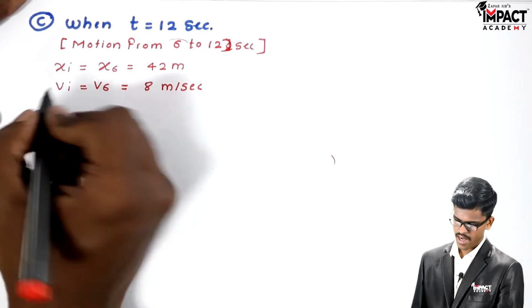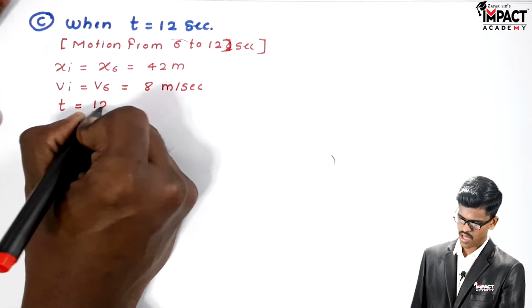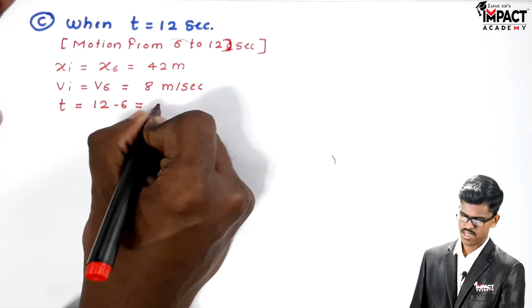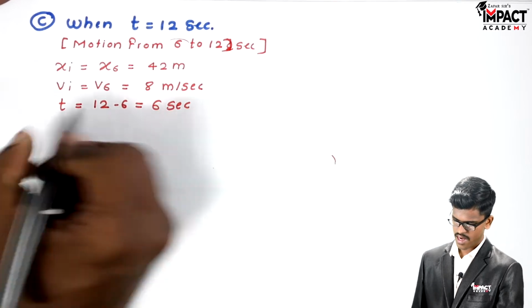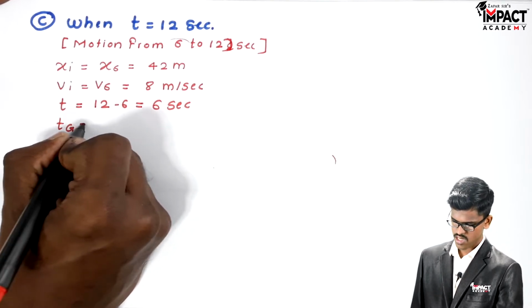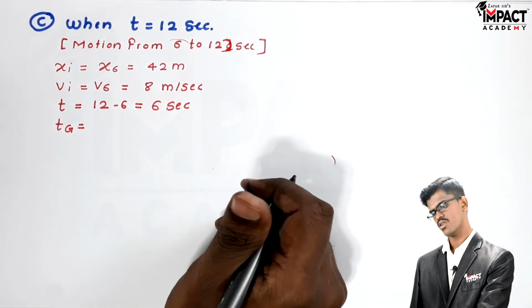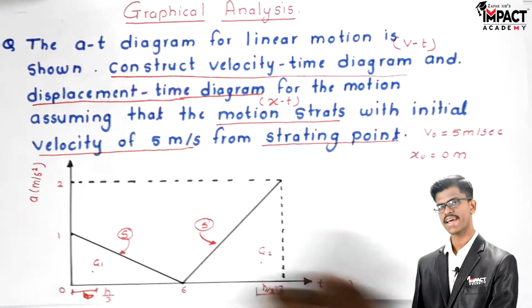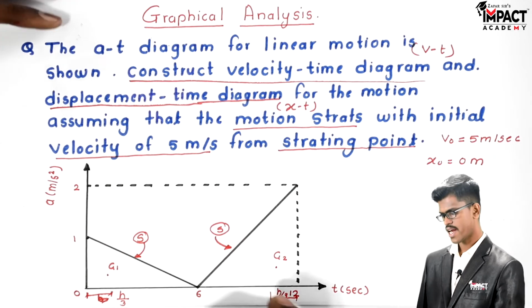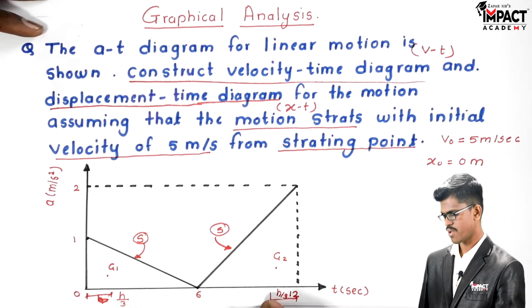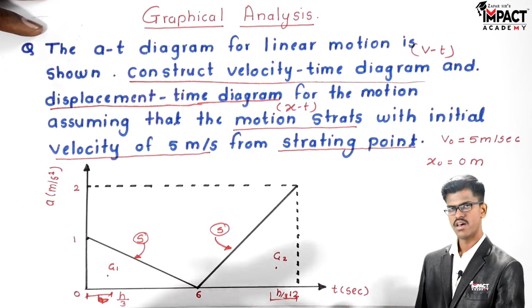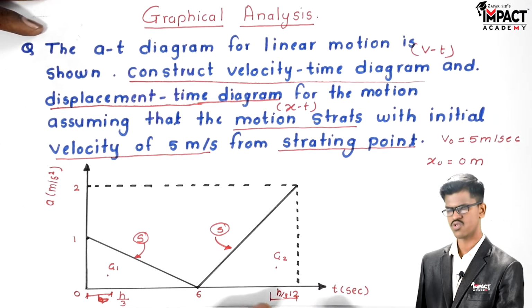Then time interval t will be 12 minus 6, that is 6 seconds. Then the last one is tg. Tg is the x coordinate of the centroid of the given shape. Here the shape is a right angle triangle, and for a right angle triangle the centroid is h by 3 from the base. We have to consider just only the x coordinate.